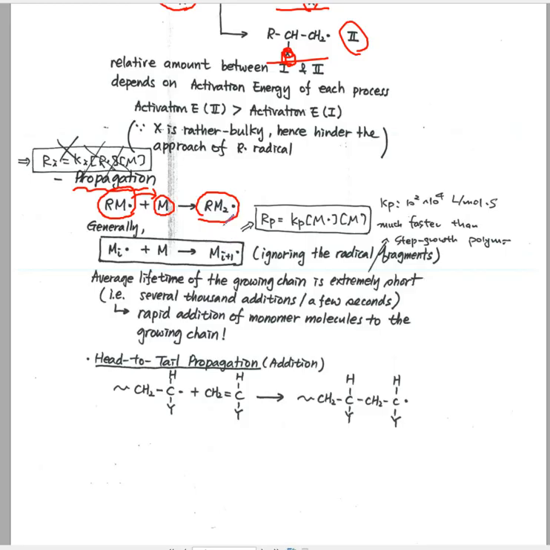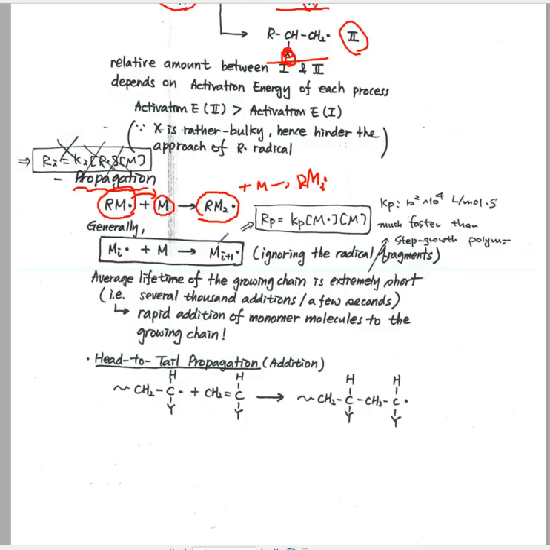These dimeric radicals react with monomers and form RM3 radical, and this RM3 reacts with monomer, forming RM4, right? Since radicals are highly reactive, this process occurs quite quickly.